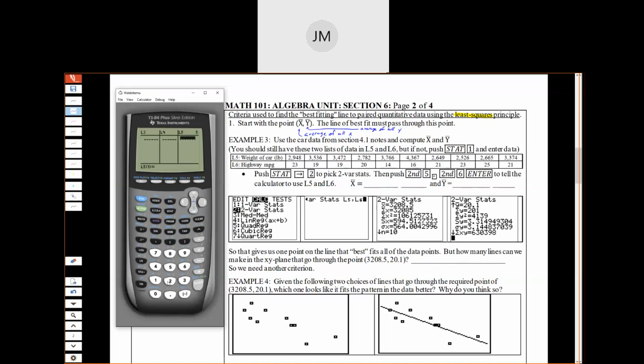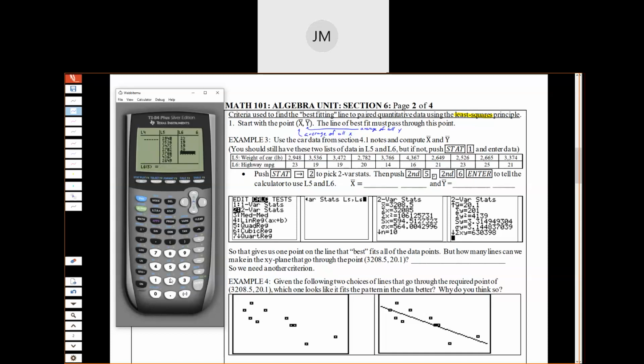So I'm going to put my weight of the car, so 29.48, 35.36, and so on. I'm just going to fill all of these out. Then over here in L6, I'm going to put the highway miles per gallon, making sure that they line up.